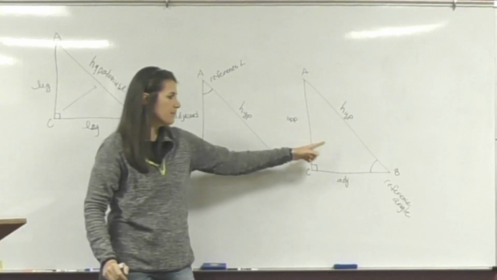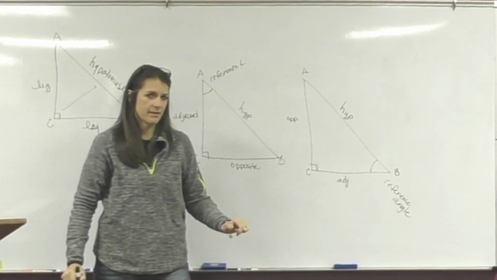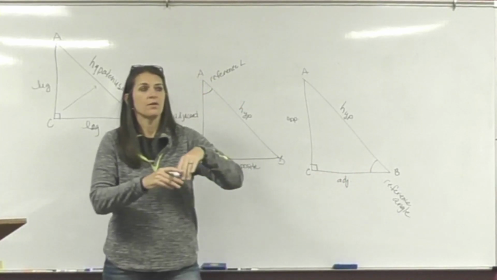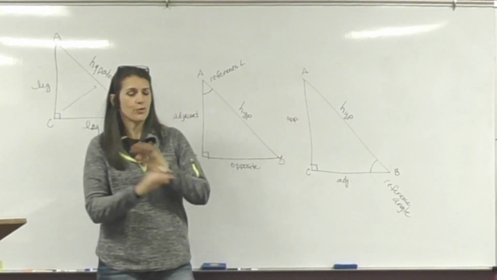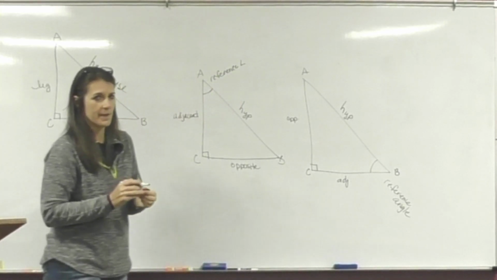This side is adjacent to angle B, next to it. This side helps to make angle B. This side over here has no part of angle B. Is everybody good?